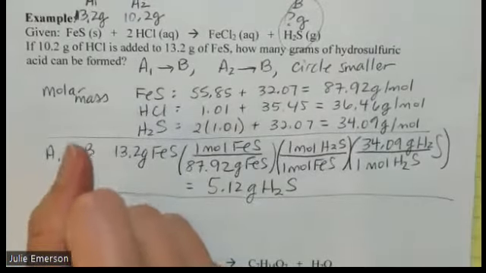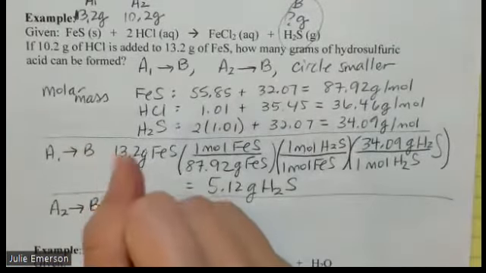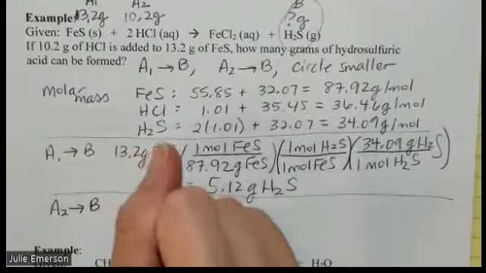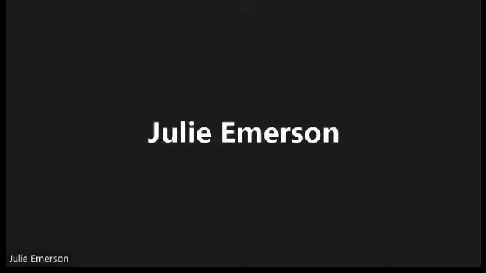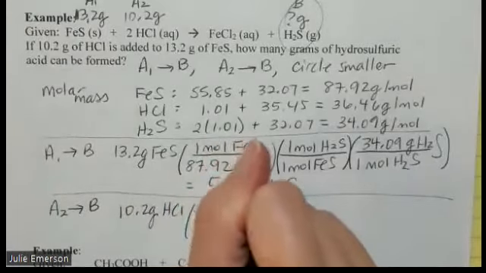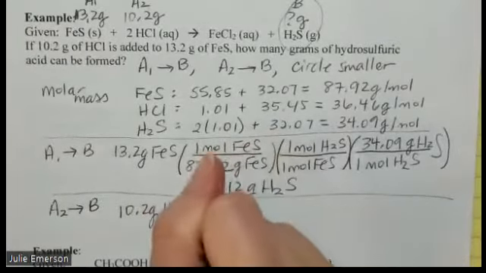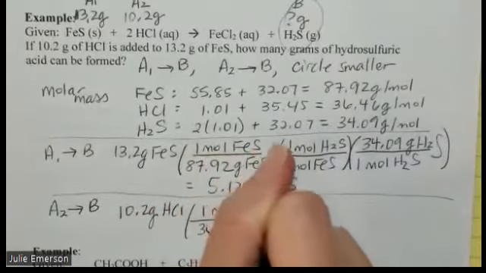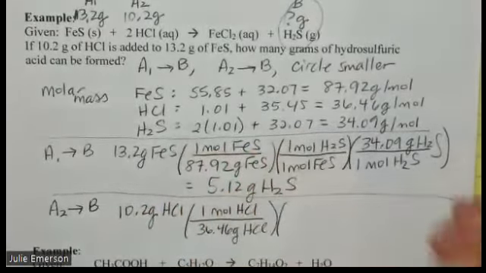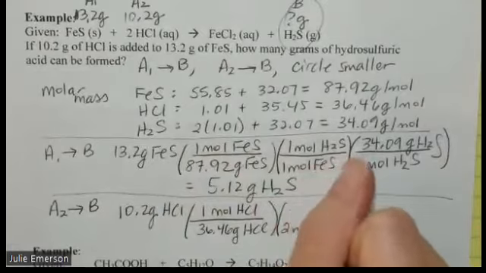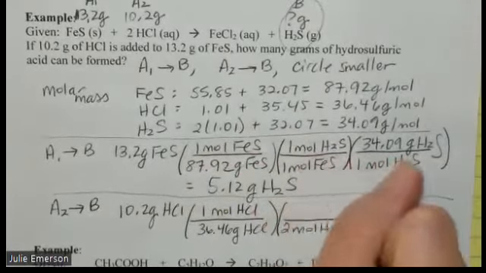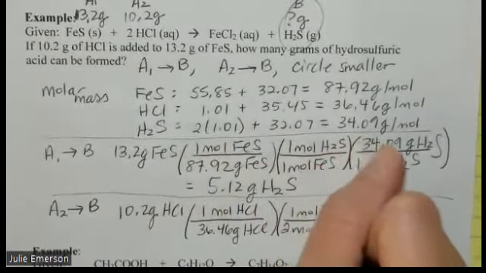So now the A2 to B. I've got my 10.2 grams of HCl. Okay, 1 mole of HCl is 36.46 grams of HCl. Mole ratio in this case is 2 moles of HCl for 1 mole of H2S.